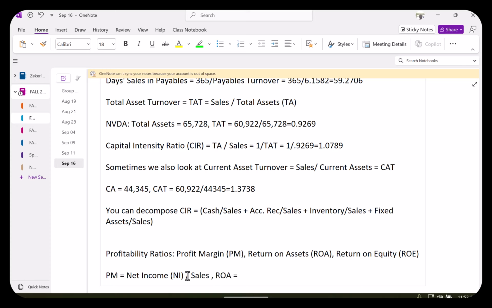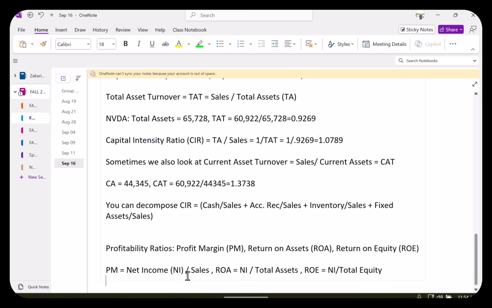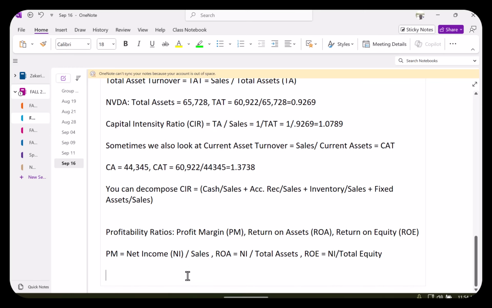ROA is net income divided by total assets, and ROE is net income divided by total equity. Now, these things are kind of related. First, this is what I call, well, we'll get to that.